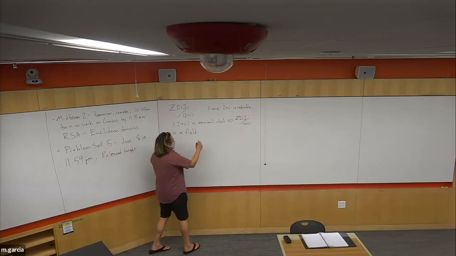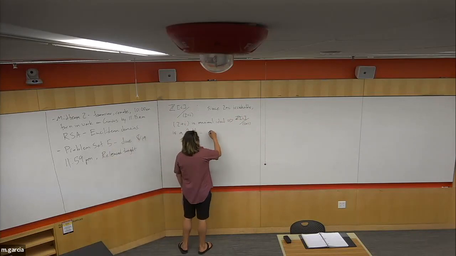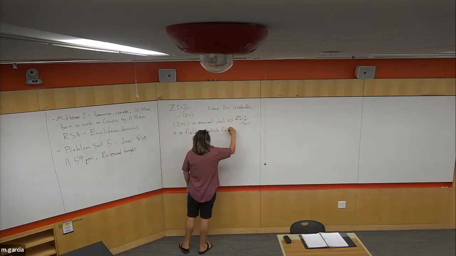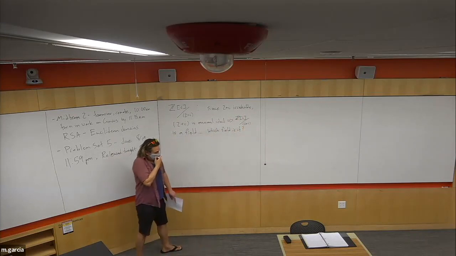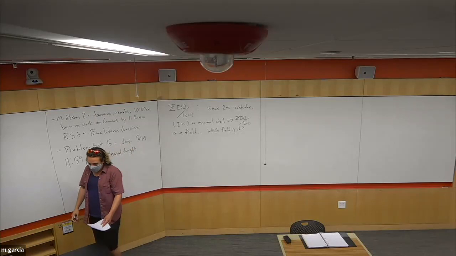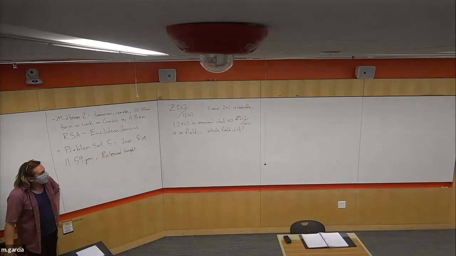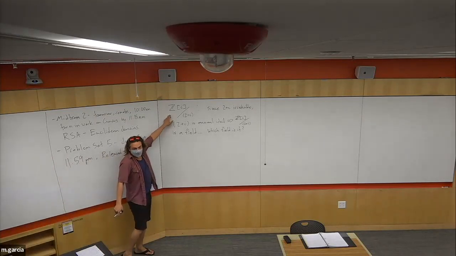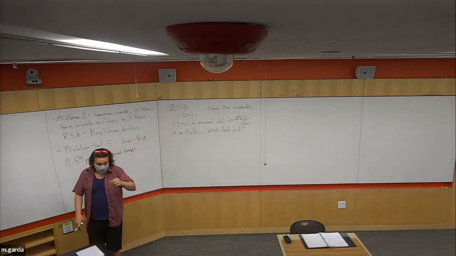And the question we are asking is, which field is this? Okay, and we narrowed this down by trying to determine what the representatives of the residue classes, or the elements of this ring, can be.